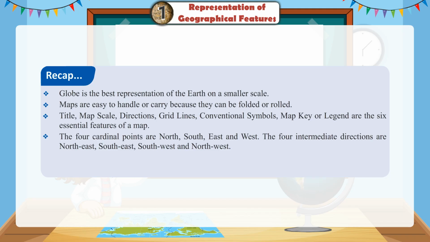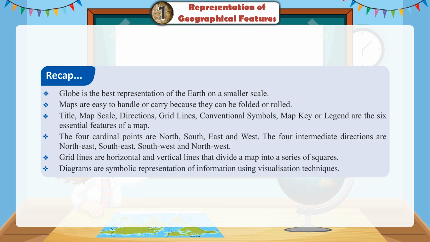The four cardinal points are north, south, east, and west. The four intermediate directions are northeast, southeast, southwest, and northwest. Grid lines are horizontal and vertical lines that divide a map into a series of squares. Diagrams are symbolic representation of information using visualization techniques.